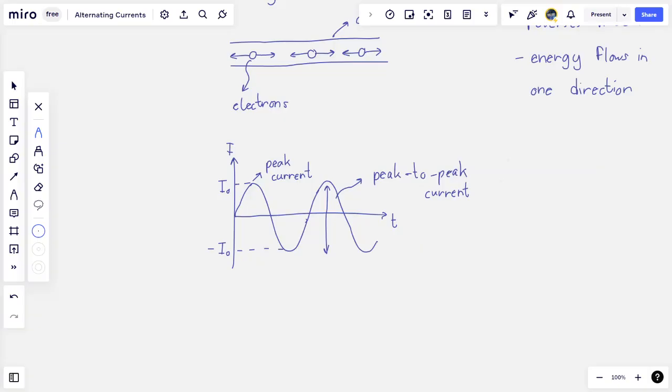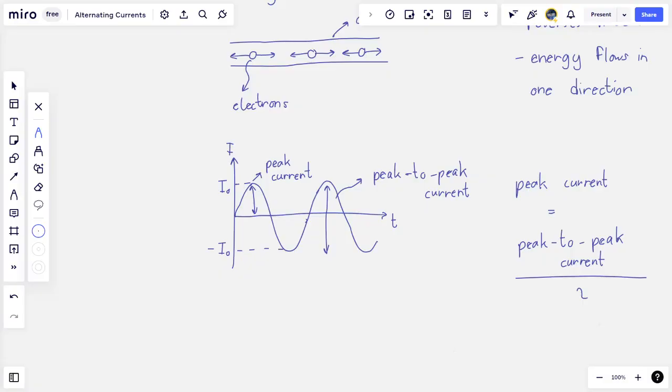It's simple, we're going from one peak to the other, and so we call it the peak to peak current. And there's a simple relationship between these. The peak current is half of the peak to peak value. So the peak current is the peak to peak current divided by 2.